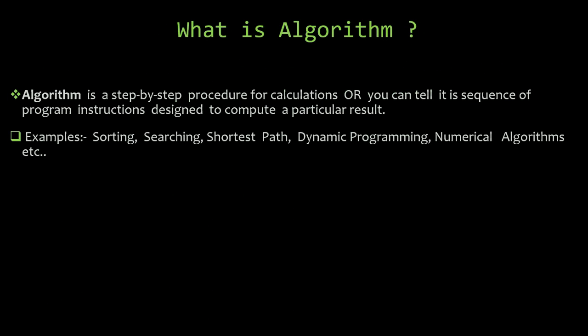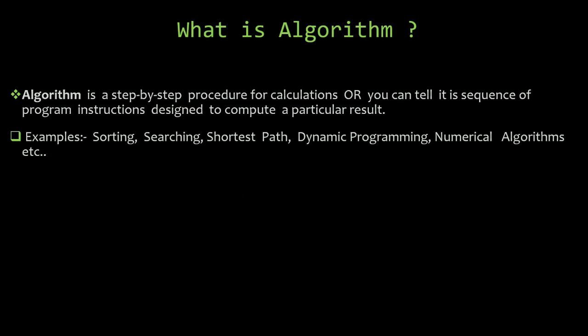There are a few examples like sorting and searching, finding shortest path, dynamic programming, numerical algorithms, etc. Just consider you want to sort something. You have a bunch of data and you want to sort it, so you need steps for sorting all the elements. Even in searching you need to decide which process or steps you will use. So it's a step-by-step procedure for calculation.